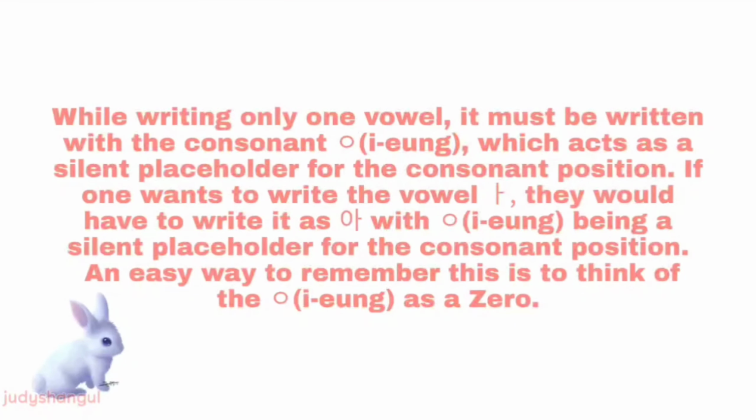If one wants to write the vowel a, they would have to write it with ieung being a silent placeholder for the consonant position. An easy way to remember this is to think of the ieung as a 0.